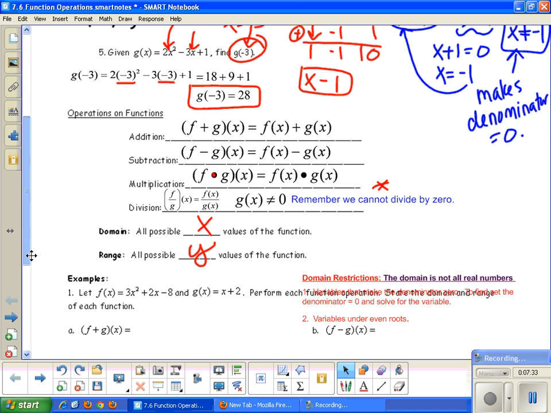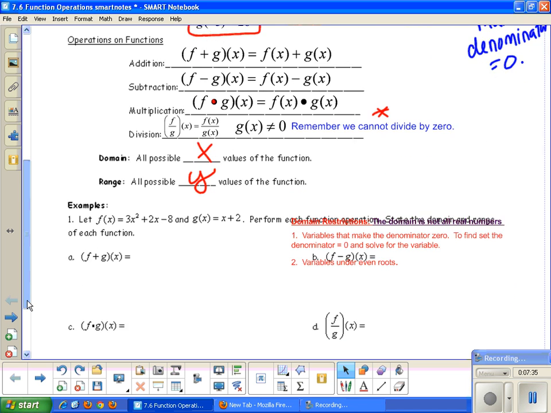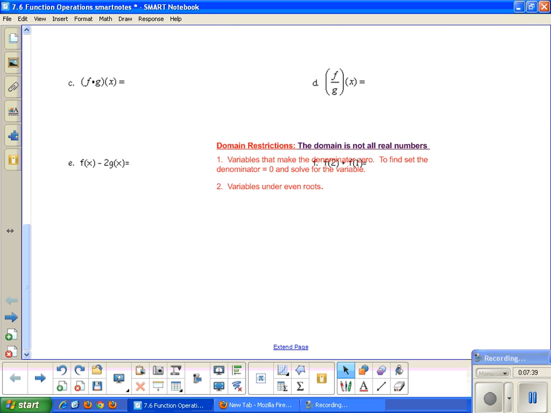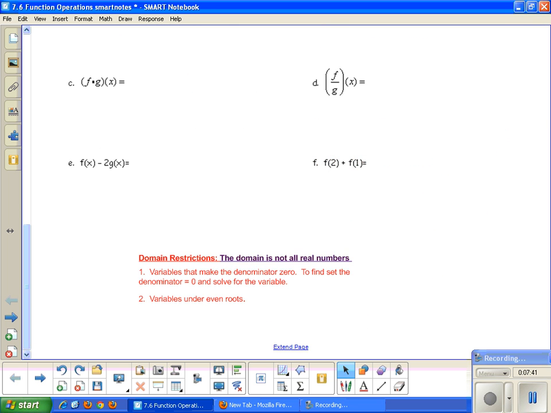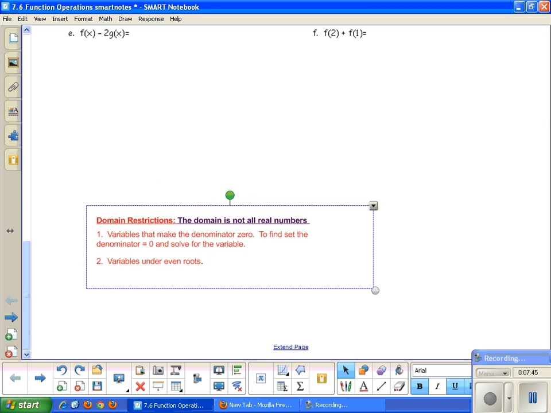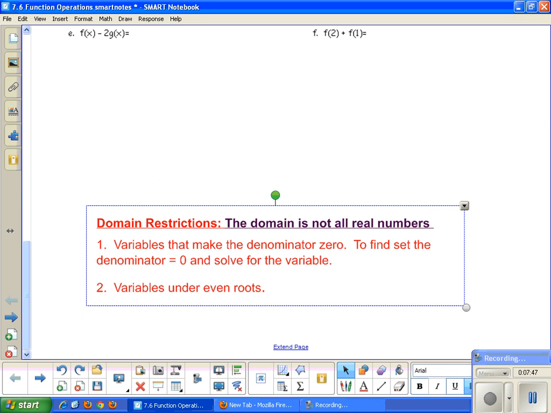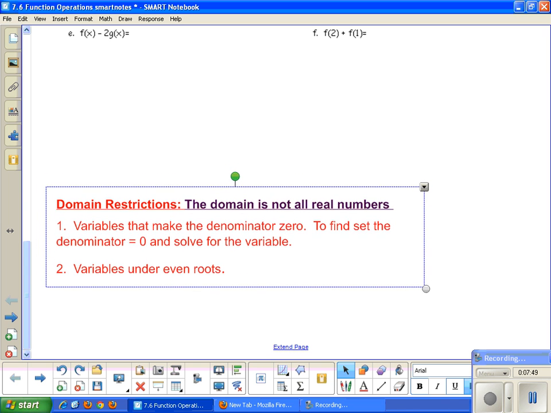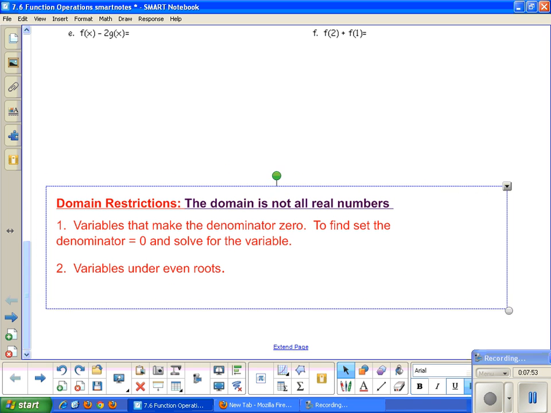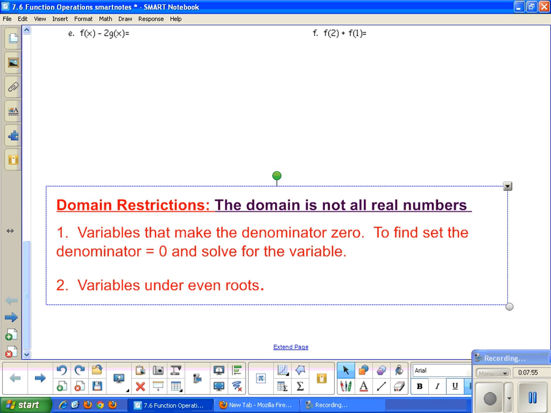I'm going to take this and move it down and make it a little bit bigger so that you guys can read it a little better. This right here is big. You want to make sure you write this down. The domain restrictions mean that the domain is not all real numbers when the following happens.